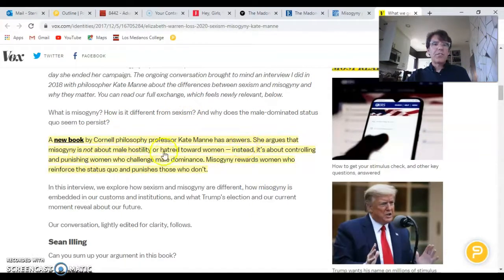She argues, this is Kate Manne, she argues that misogyny is not about male hostility or hatred. Instead, it's about controlling and punishing women who challenge male dominance. Misogyny rewards women who reinforce the status quo and punishes those who don't. So again, according to Kate Manne, misogyny is really about controlling and punishing women who challenge male dominance.